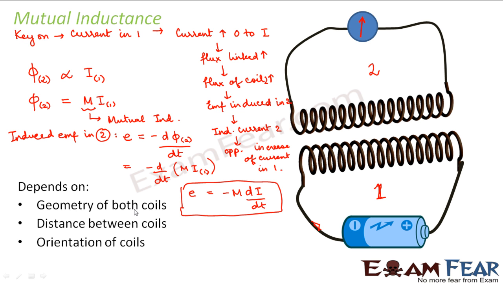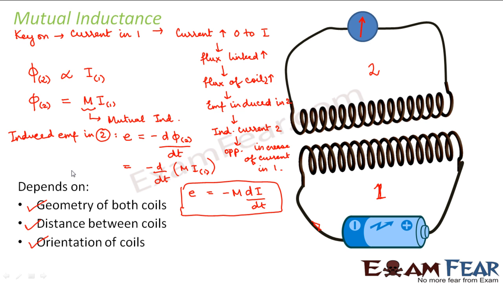In this case also the value of mutual inductance depends upon the geometry of the two coils, distance between the coils and orientation of the coils. You will come to know all these things when we derive an expression for mutual inductance. Like you saw how we derived the expression for self-inductance, and we saw that the self-inductance is dependent on the number of turns on each coil.